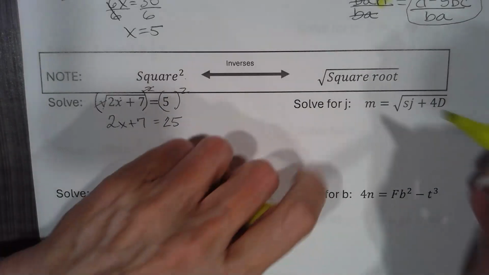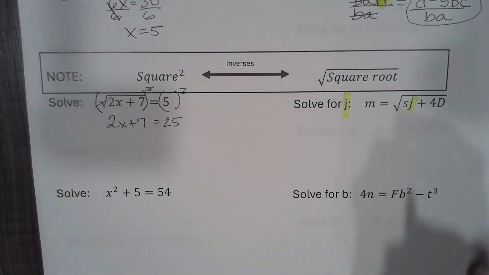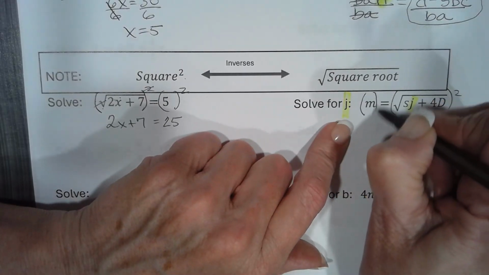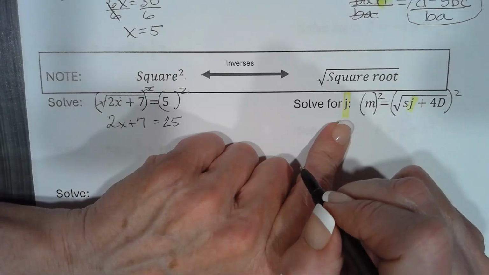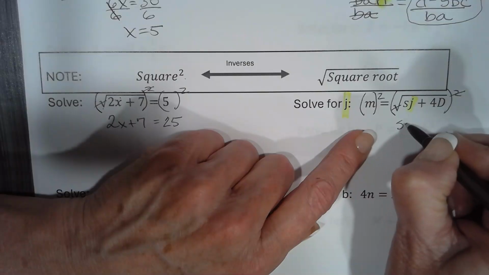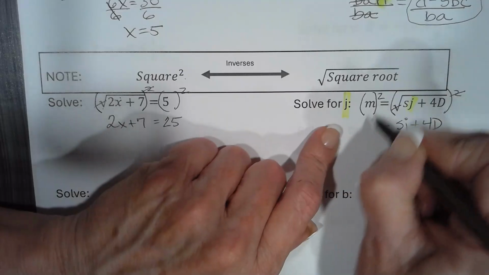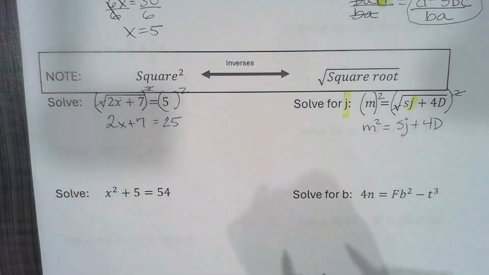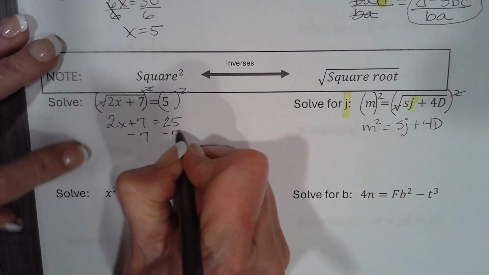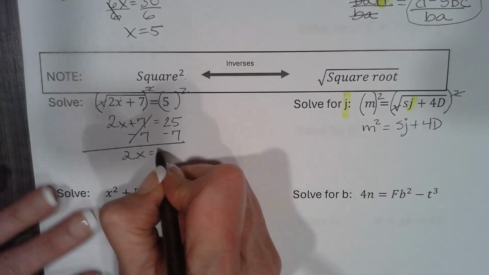So here, I'm solving for j. I've got a square root. The way I get rid of it is I square it, but to be fair, I've got to do it to both sides. Square root and square cancel. I've got sj plus 4d. Here I have m squared. Here you would tell me to subtract 7 on both sides. So I got 2x equals 18.